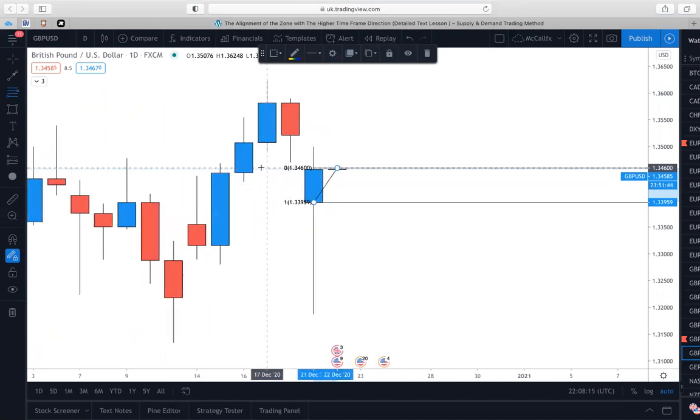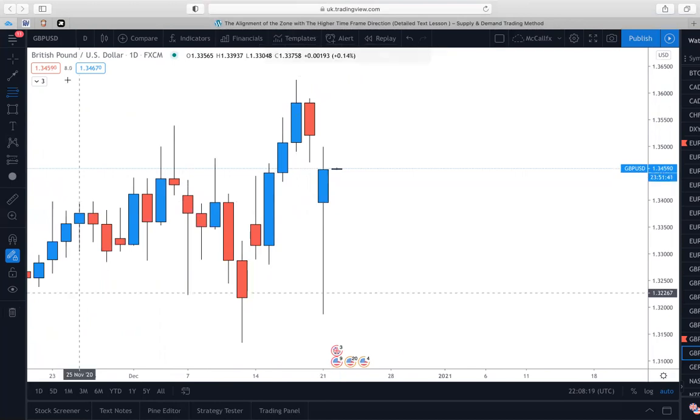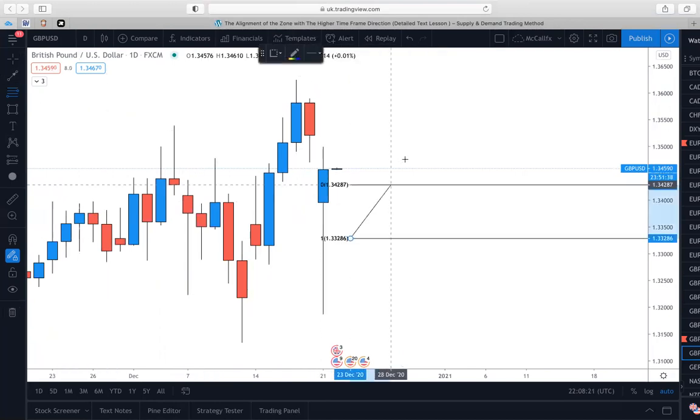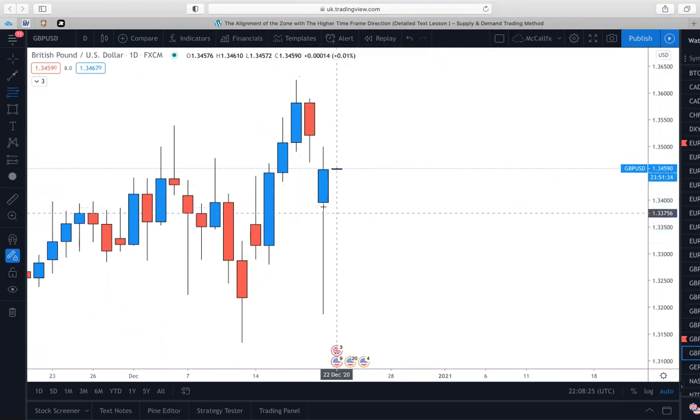If you don't understand what I'm saying, let me take this off and explain again. You have two lines. Your first line is going to be on the opening price for a bullish candlestick. This is the closing price and this is the opening price. So it's going to be on the opening price of the candlestick where you want to look for that retracement.